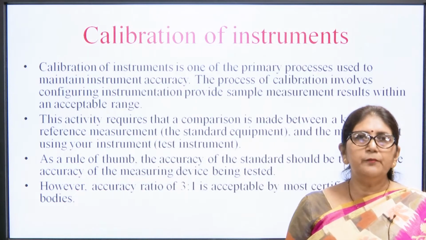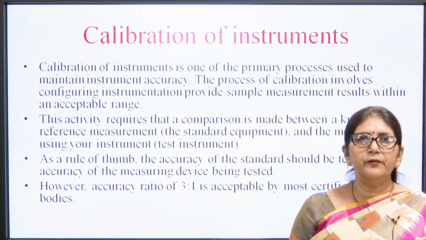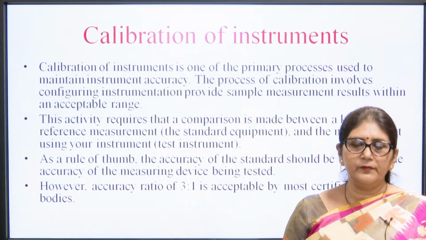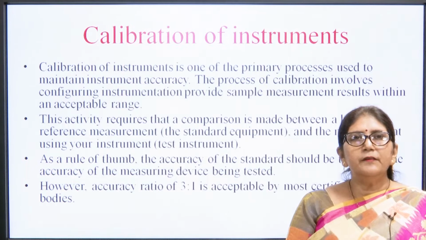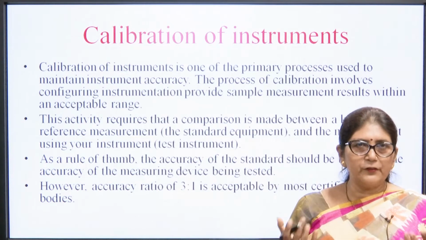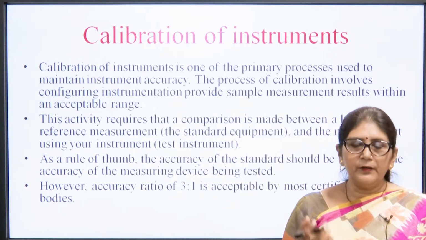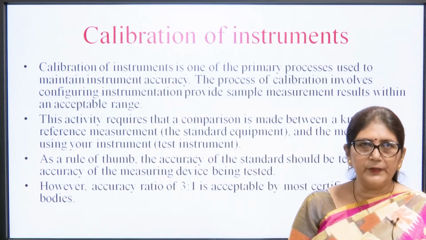The process of calibration involves configuring the instrument to provide sample measurement results within an acceptable range. So, basically we need a reference circuit, a reference measurement, that means we need standard equipment to calibrate our instrument.